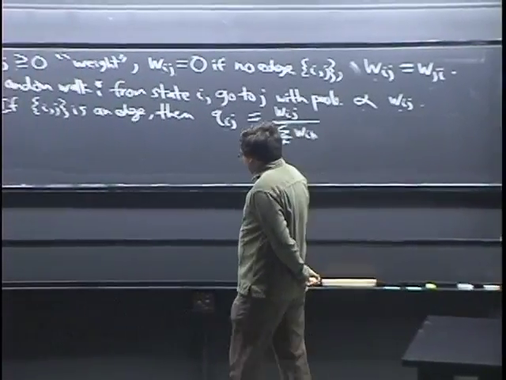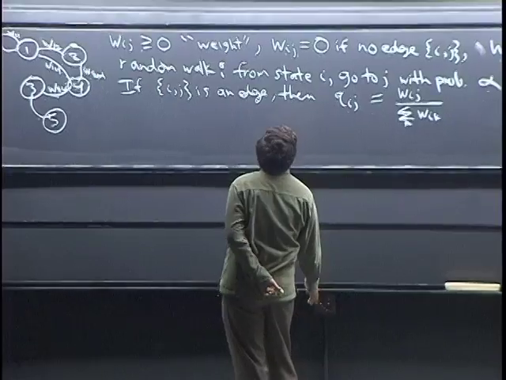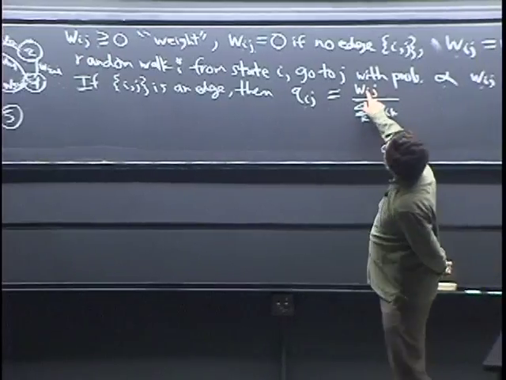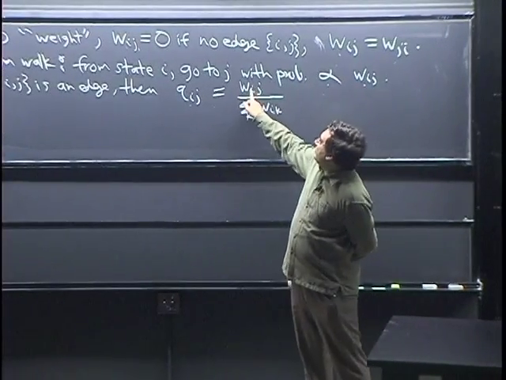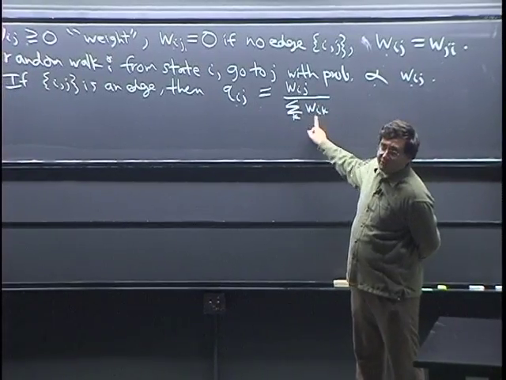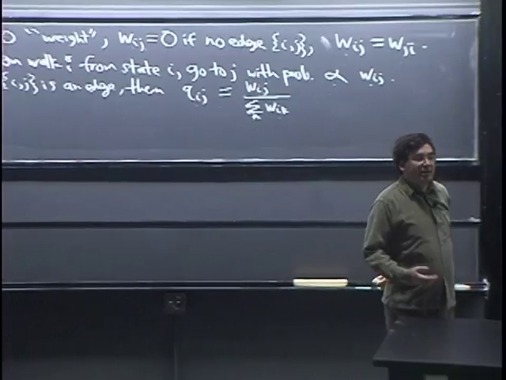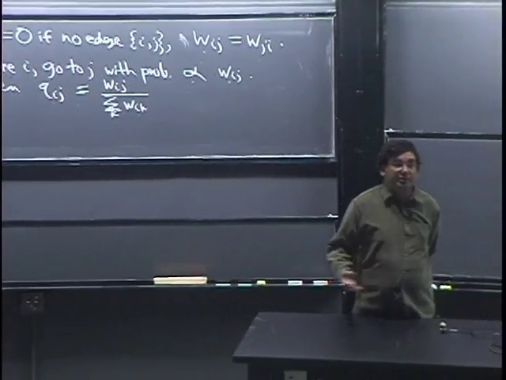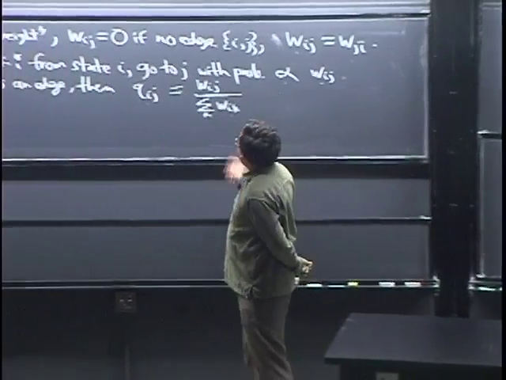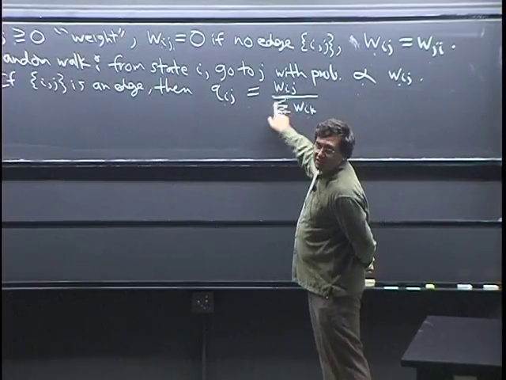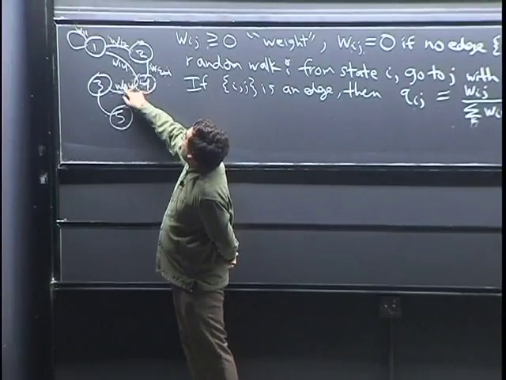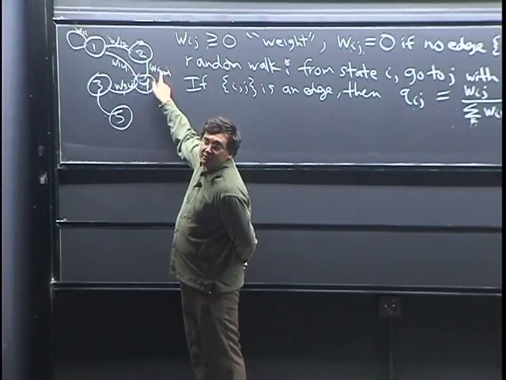But notice that in the case without weights, just think of all these Wij's as 1, right? And so then this is just 1 over the degree of i in that case, and in that case, the stationary distribution is proportional to degrees. So the analog of that is that instead of the degree, we're looking at the sum of the weights. That is, from state i, we look at all these weights and we add them up, right?